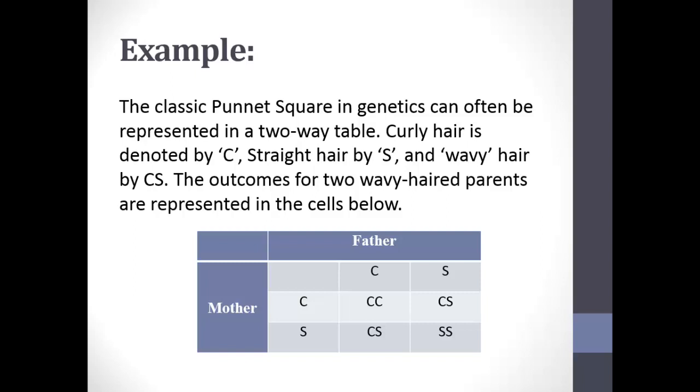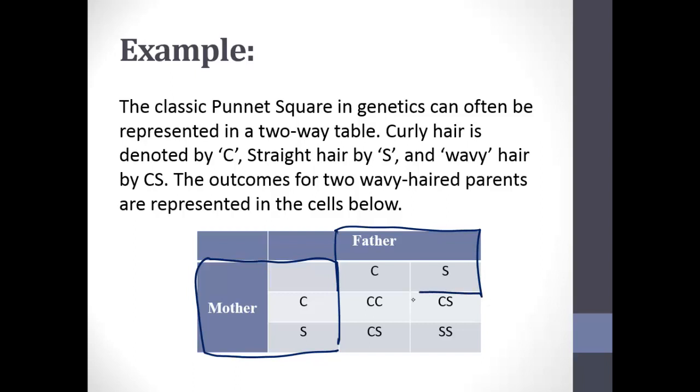For a certain characteristic, for thinking about what the children will have, you think about the genetic makeup of the mother versus the genetic makeup of the father, and that's what we have here. So this is the mother, and this is the father, and then the children will be inside this other square.